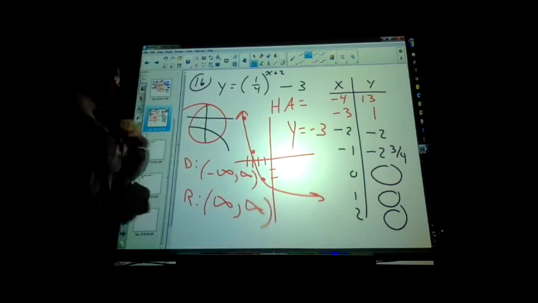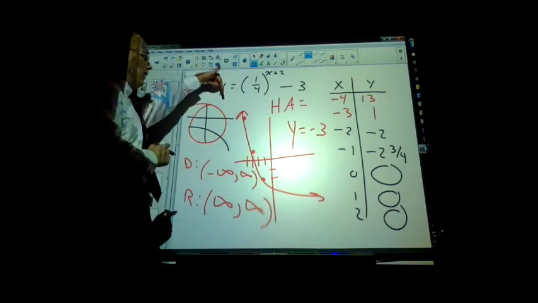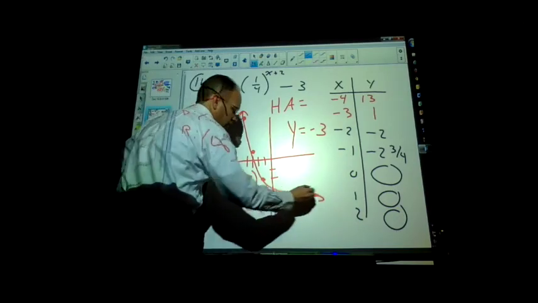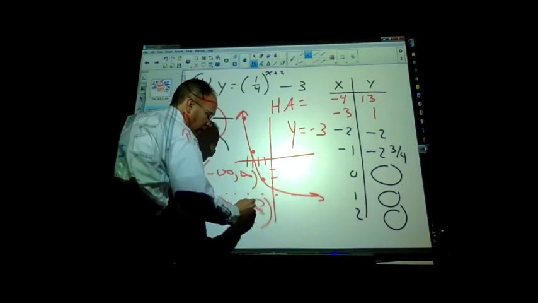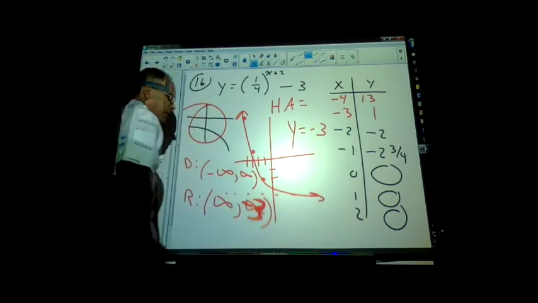So what is my range? So it's coming from infinity, but I have this. That's going to be -3. So it's going from infinity to -3.